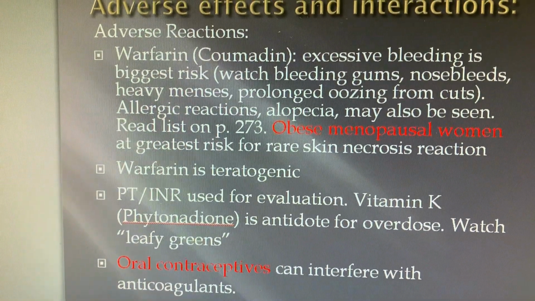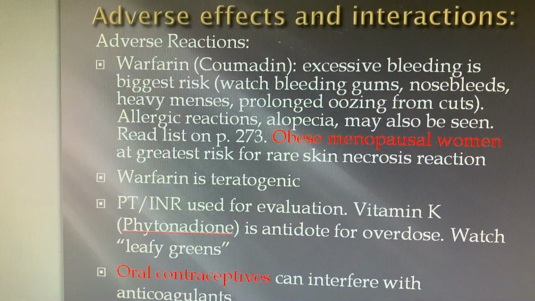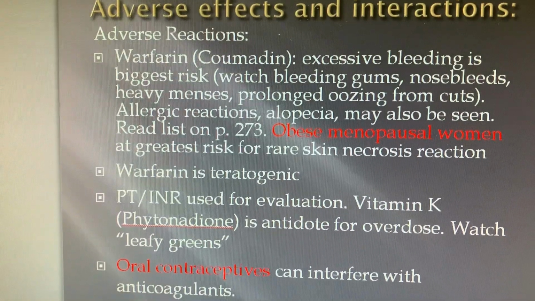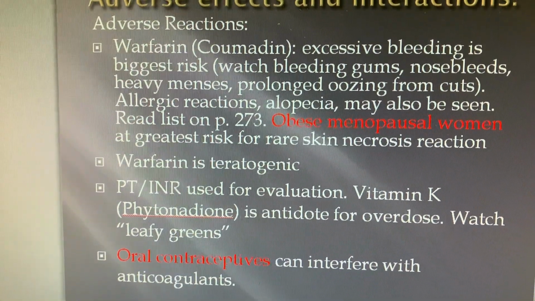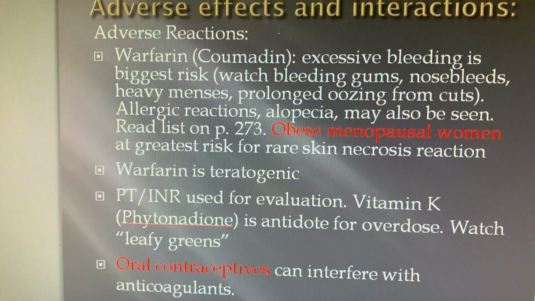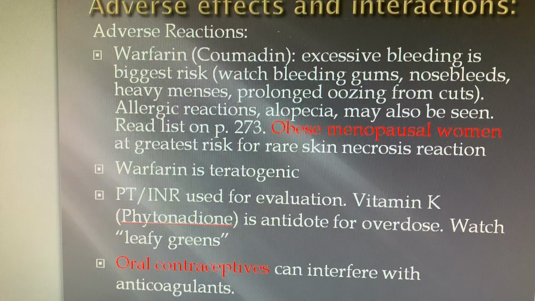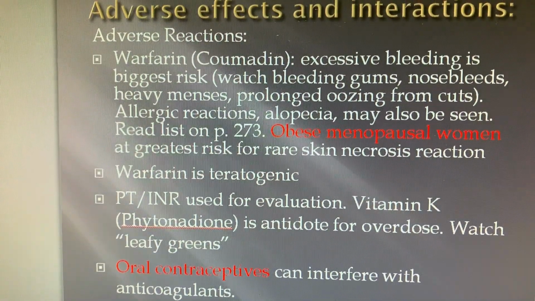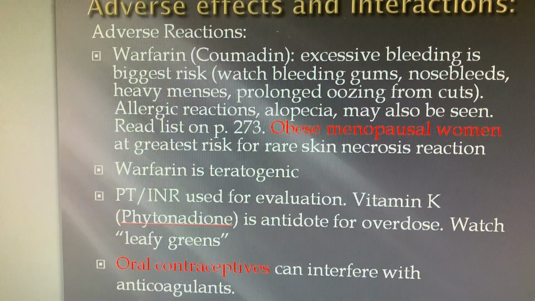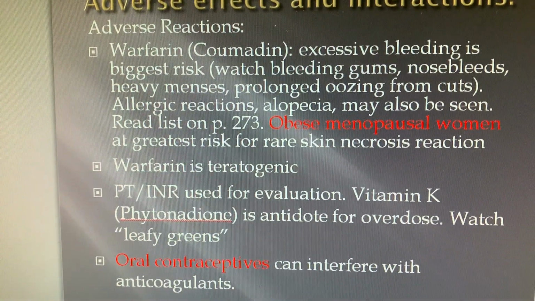You want to watch your intake of leafy greens like kale, spinach, and other vegetables that contain large amounts of vitamin K, because they can interfere with the amount of vitamin K. The Coumadin is trying to limit vitamin K factors from getting into the clotting cascade and you want to lengthen that bleeding time.